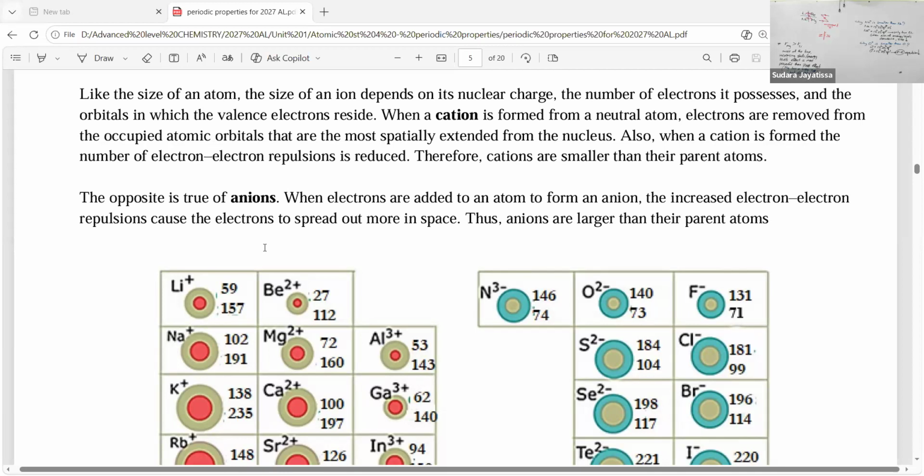Okay, done. Now shall we read? The opposite is true for anions. When electrons are added to an atom to form an anion, the increased electron-electron repulsions cause the electrons to spread out more in the space. Underline that: increased electron-electron repulsions cause the electrons to spread out more in the space.